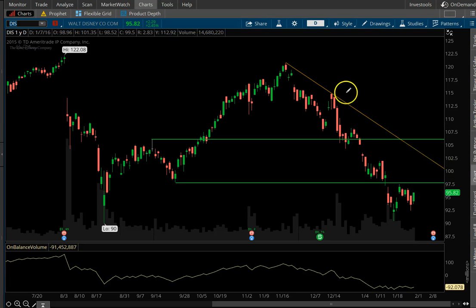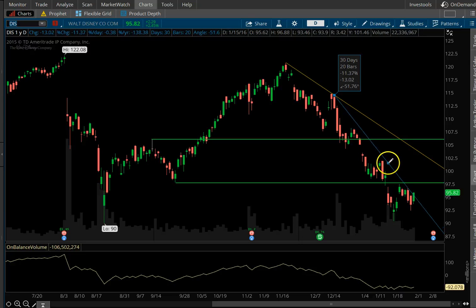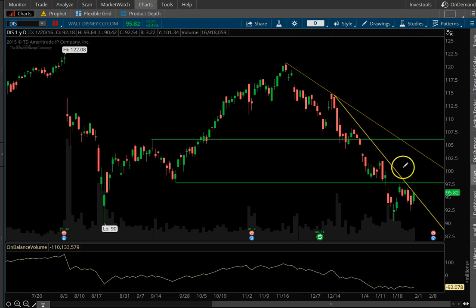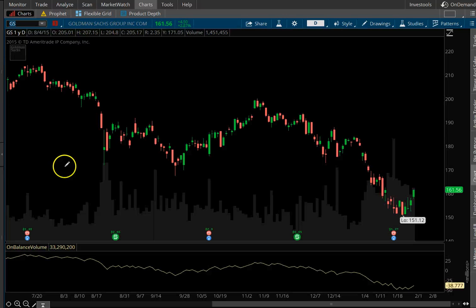And you can have more than one. You can start it here and go down and make touches across the way. These serve as significant points of support and resistance. So it's just another way that you can add technical analysis tools.